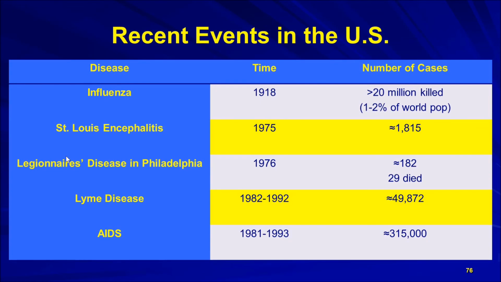Now, Lyme disease. Lyme disease is a little harder to determine, but one of the clues is from 1982 to 1992. You have a prolonged period of time, and again, the numbers are not near what influenza might be. But we have here 49,872 cases. But Lyme disease is concentrated from Massachusetts to Maryland and in the upper Midwest, in Wisconsin, in Minnesota, and in California, in Oregon.